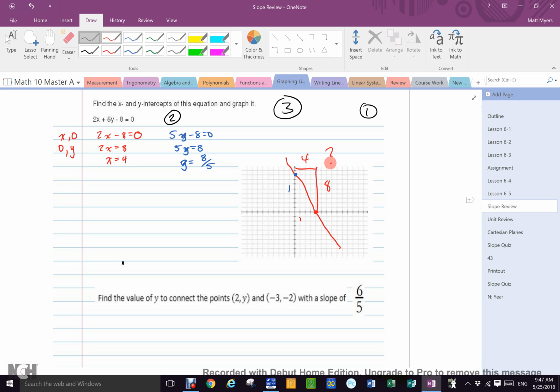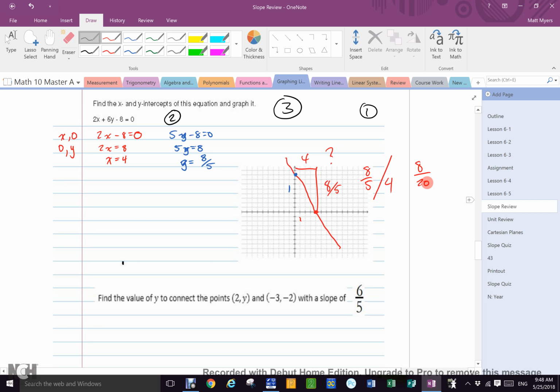No, because this is not 8, is it? This is 8/5. So the slope would be 8/5 divided by 4, which would be 8/20.